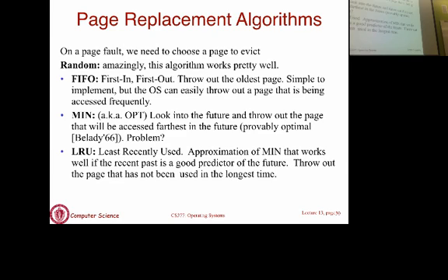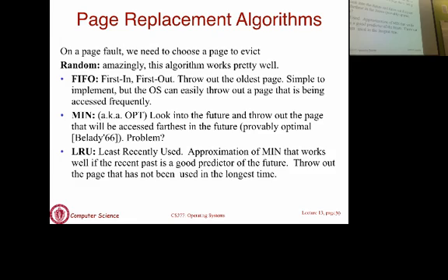Okay? And it should be immediately clear that whenever you say, I know what's going to happen in the future, that's not a practical approach. You don't know the future. But assuming you knew the future, what MIN will do is throw the page farthest in the future. And the reason this policy, which is not at all practical to implement, is interesting, is that it's an optimal policy. No other policy can do better in terms of page fault rate.